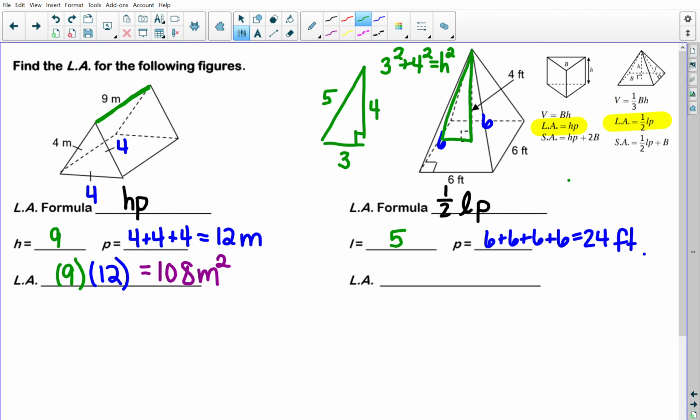So then the lateral area formula is 1/2 the slant height of 5 times the perimeter of the base, which is 24. And in this example, when I multiply all that out, I get 60 feet squared.